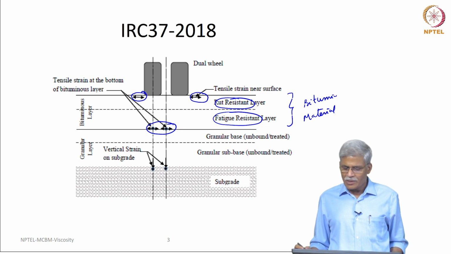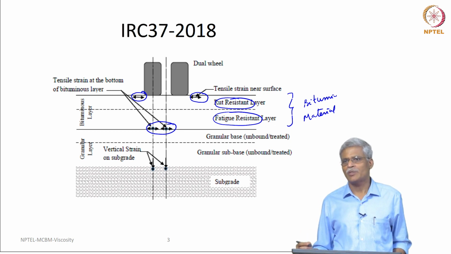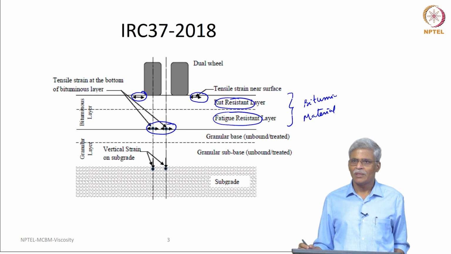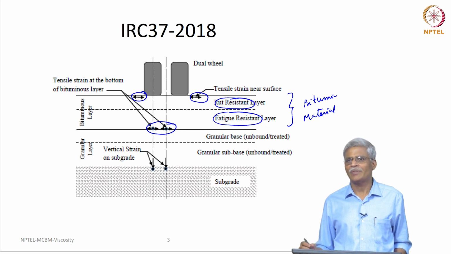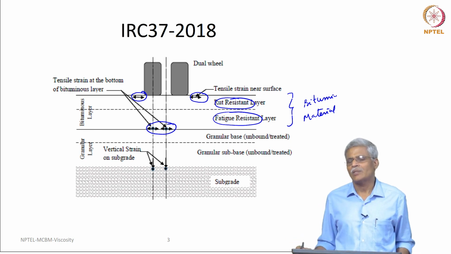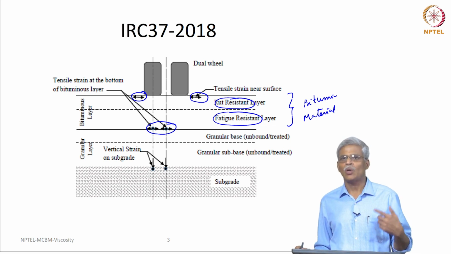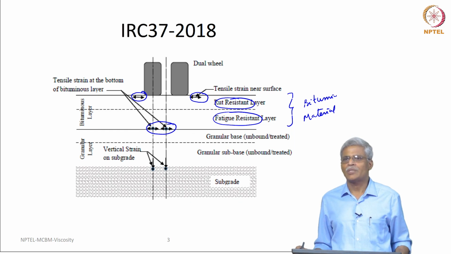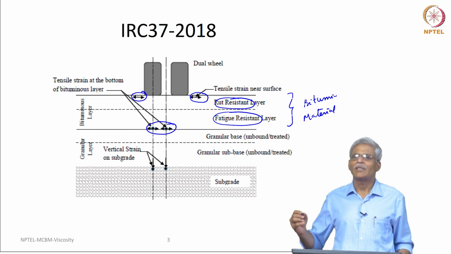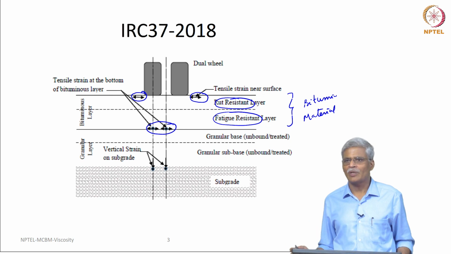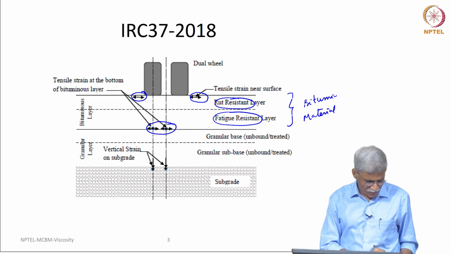So, what it means is, if you want to design a bituminous pavement with a specified life, one needs to ensure that the required rutting as well as the fatigue damage are well within the specification limits, and for that we need to first understand what really causes rutting, what really causes the fatigue, and what exactly is the role of bitumen in these two distresses, predominantly these two distresses, and this will then help us to choose an appropriate grade of bitumen based on the geographical location as well as the traffic conditions.